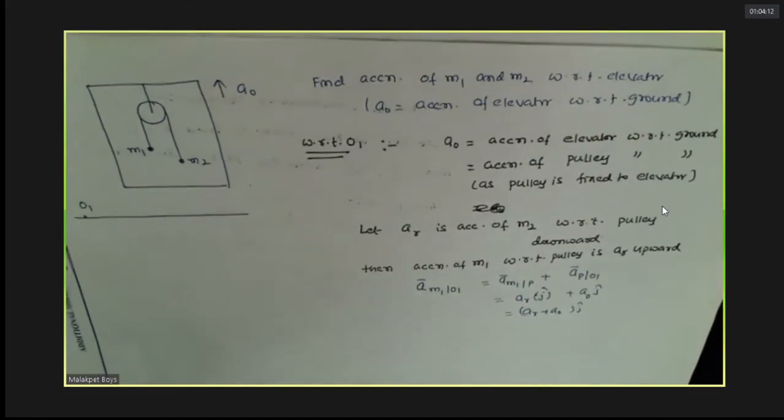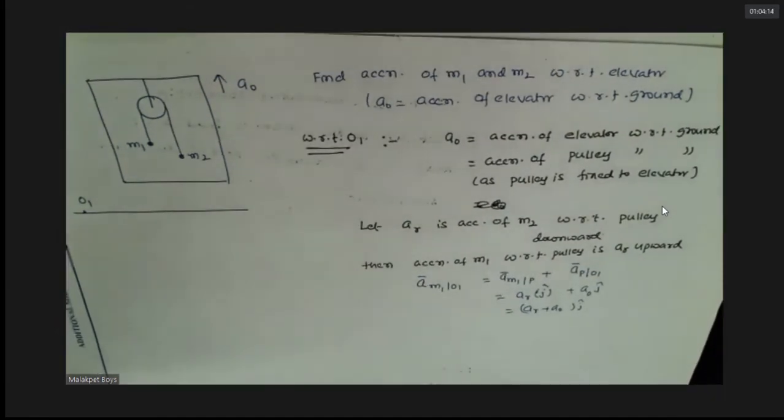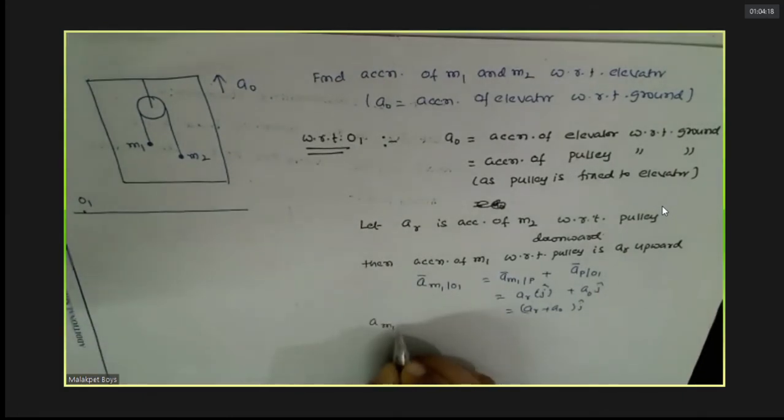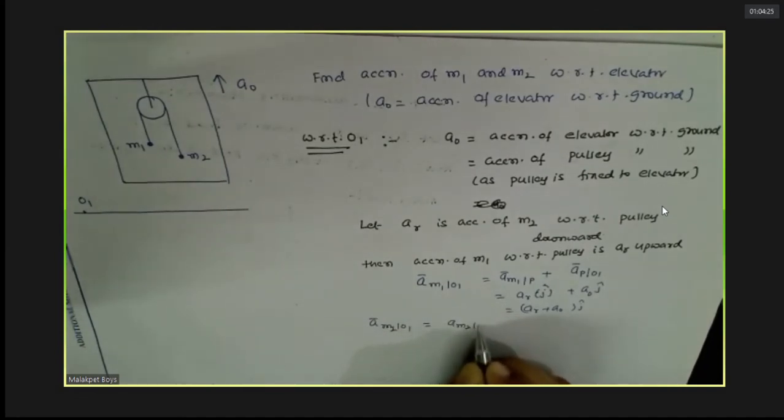Agreed, yes sir. Then similarly, with respect to this, otherwise we cannot apply Newton's laws, no? Acceleration of M2 with respect to O1 is acceleration of M2 with respect to the pulley plus pulley with respect to O1.